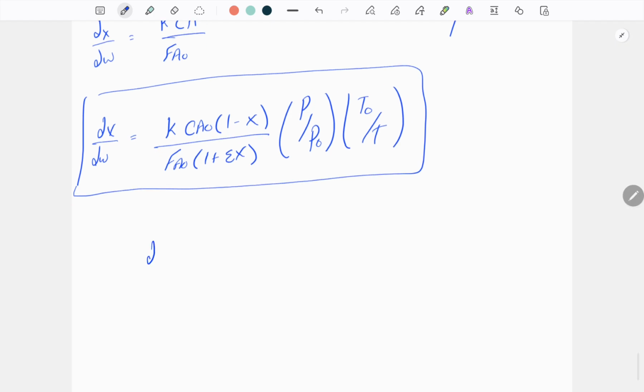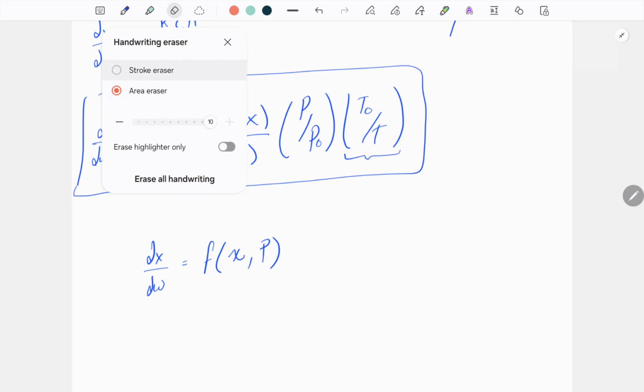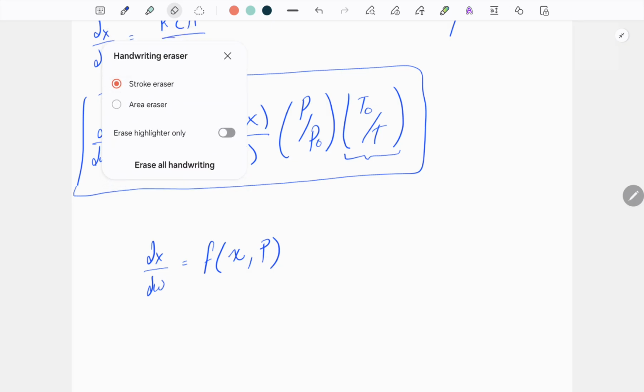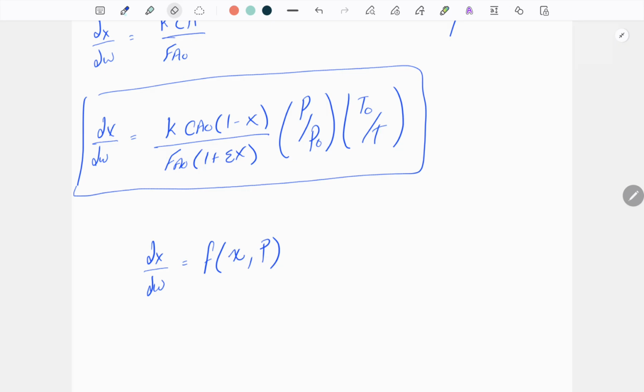So the dx over dW is a function of x and P. You might say, hey, why is it not a function of temperature? For simplicity, we're assuming it to be isothermal, so we don't have to take into consideration three changing variables.